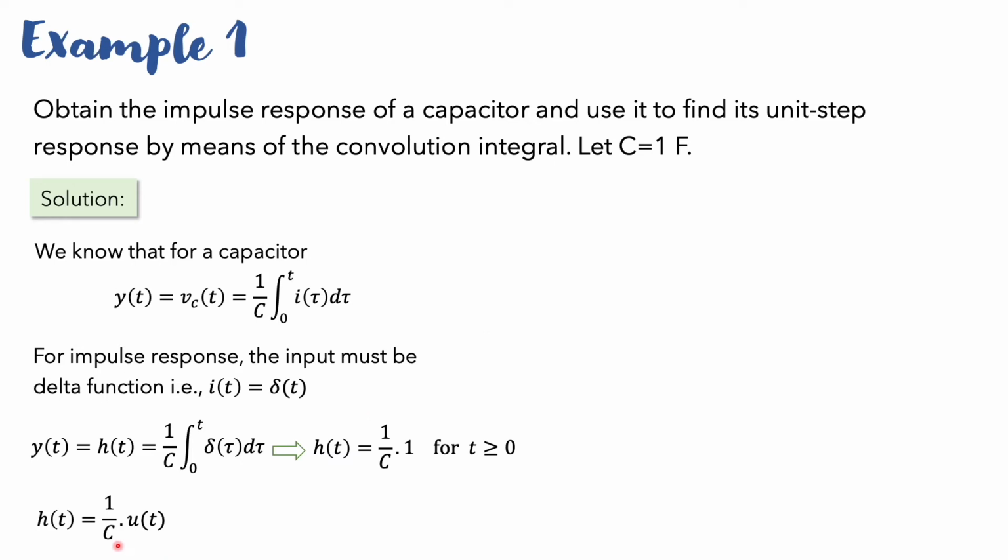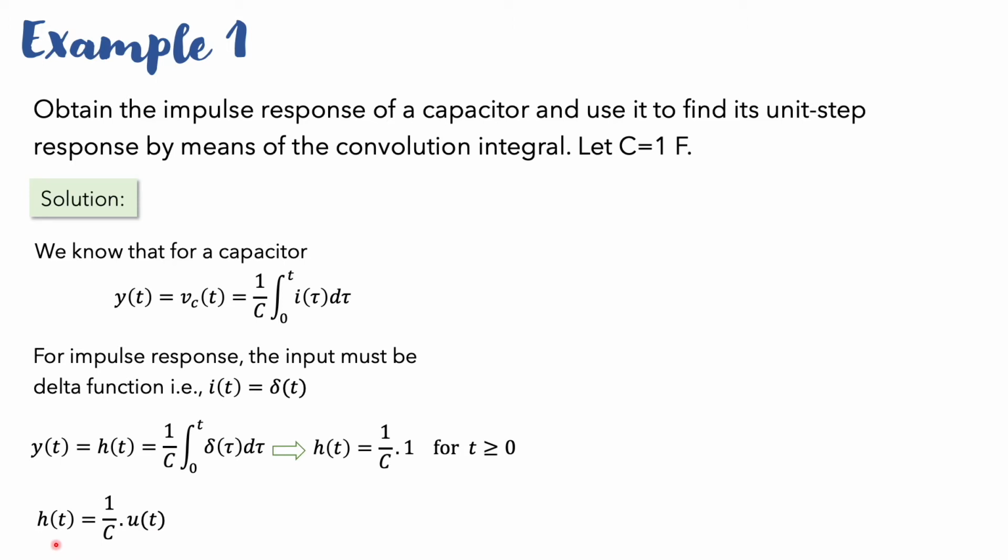This is the representation of a signal like this, 1 over C, times the unit step function. What the unit step function does is reduce everything below 0 to 0 and keep everything after 0 at its own magnitude, because the unit step function is 0 before 0 and keeps a steady form of 1 after 0.